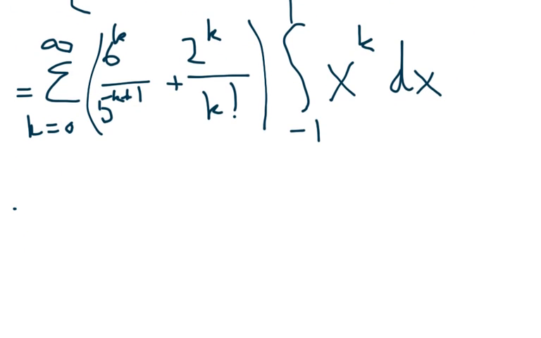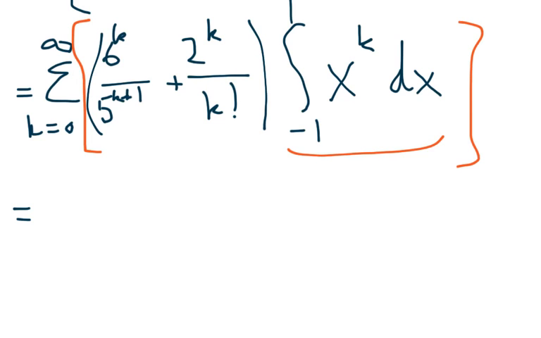Okay, so now we can just integrate this thing. That's the beauty of this. And we're really going to sum over all of this still. This is still one big sum, right? Because this depends on k. You can't just bring it out of the sum. Okay, so we're almost there.